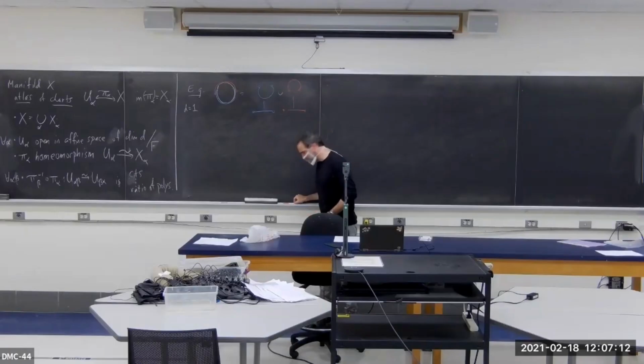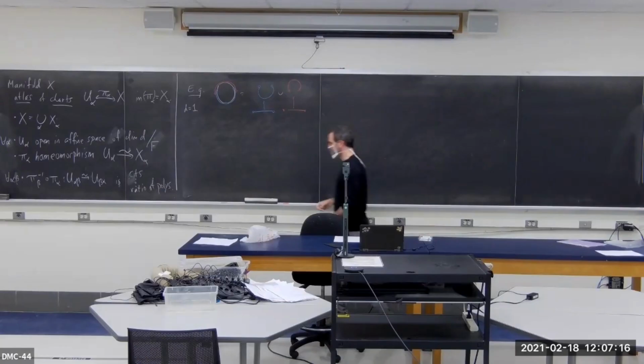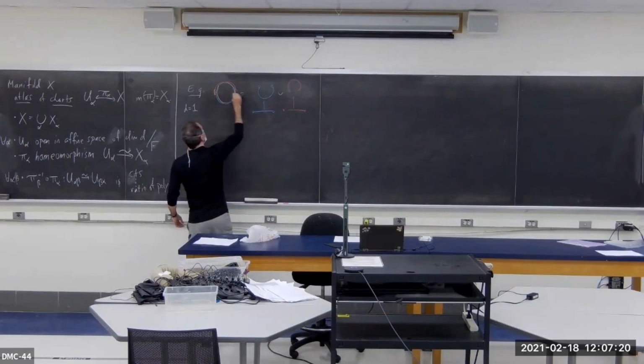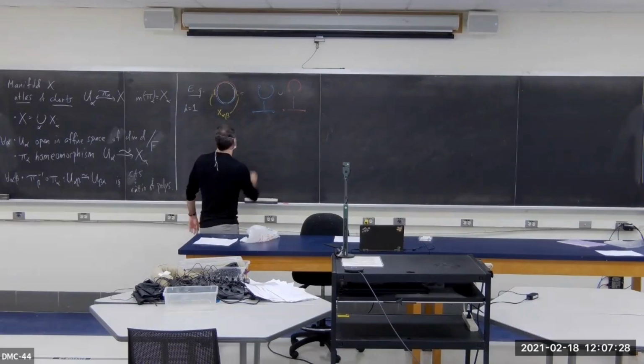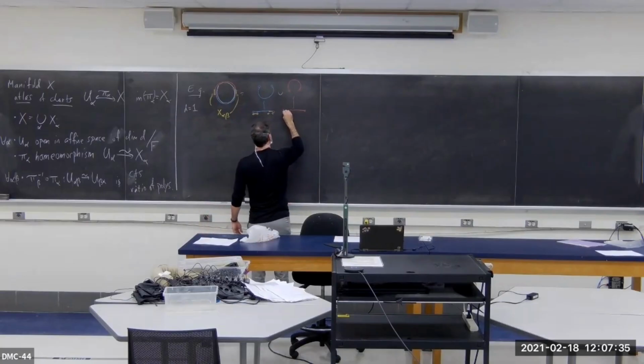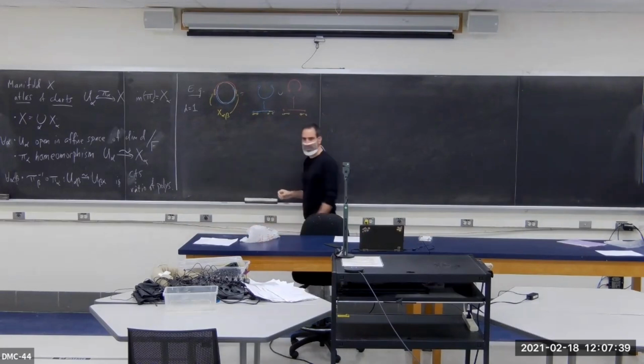What would be the intersection of these two? What would U alpha, what would X alpha beta be here? Right, so X alpha beta is the union of these two yellow guys, and that's going to be this bit over here and this bit over here, as well as this bit over here and this bit over there.